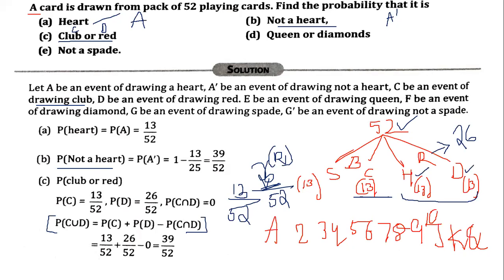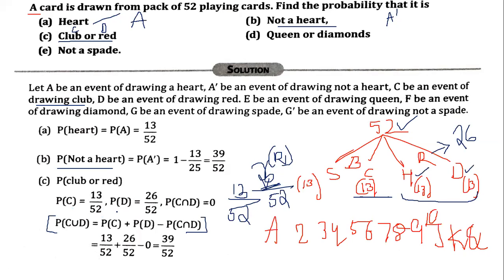If it's a club or a red color card, for club cards we have 13 options, for red color cards we have 26 options, but the total number of options is 52. So P of C, the probability of getting a club card, is 13 by 52.